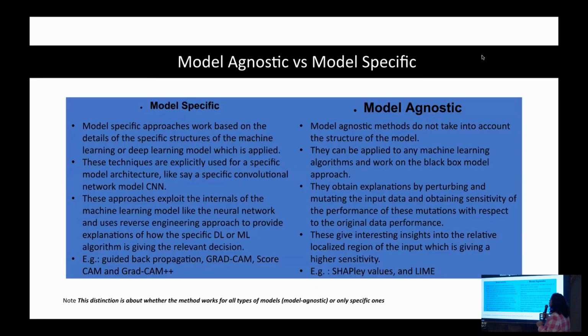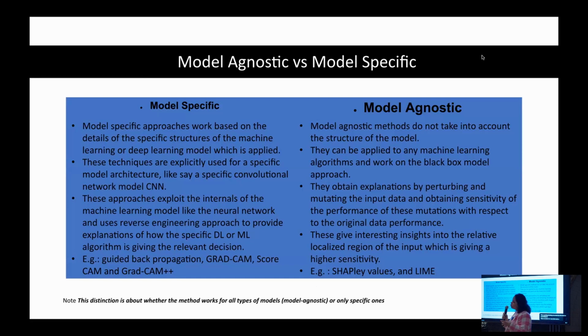Now, let us go forward and look at what exactly is the distinction between the model-specific post hoc explainable methods and the model-agnostic post hoc explainable methods. I know everyone is not aware of all the jargon that I'm using right now, so I'll not go into the big details. Let's take a small note.